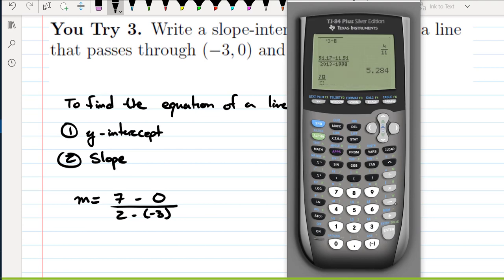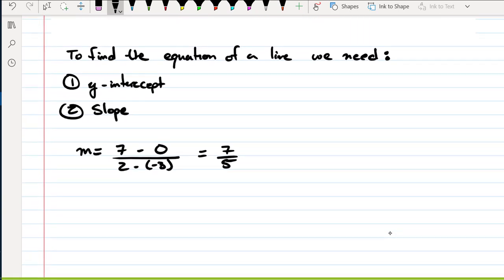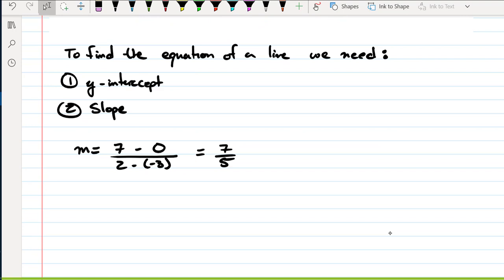And we would have 7 minus 0 over 2 minus parenthesis -3. We press enter and we get 7/5.